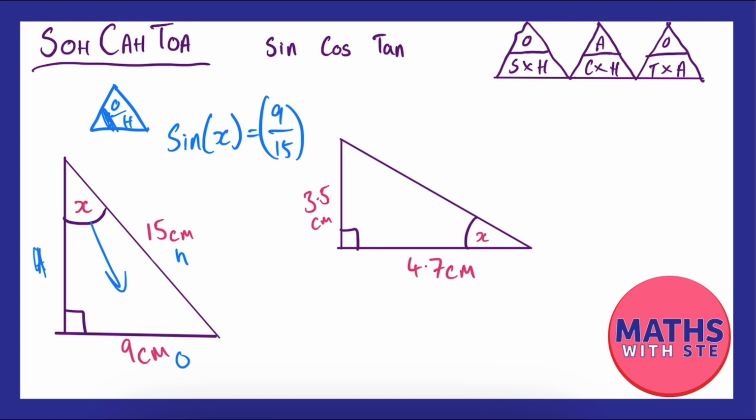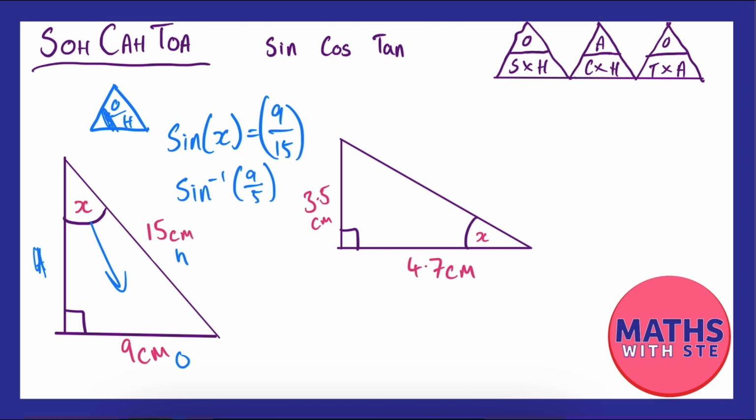You press Shift, and then you press the sine button, and it'll come up with sine to the power of -1. It'll look like this on your calculator: SIN minus 1 with an open bracket. From there, put your fraction sign in, 9 over 15.